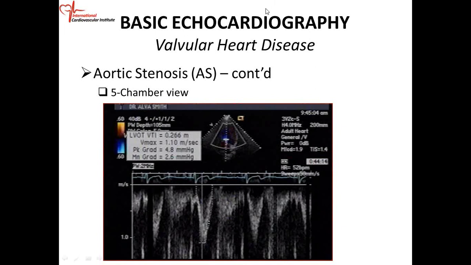So just for recapping purposes, your stroke volume is equal to 0.785 times D squared times VTI.